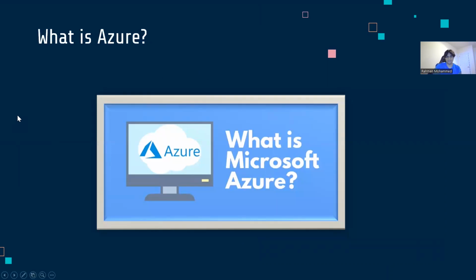So what is Azure? In one sentence, it's basically Microsoft's cloud computing service for applications. You only pay for the time you use. Microsoft's cloud computing platform is basically used for business solutions.